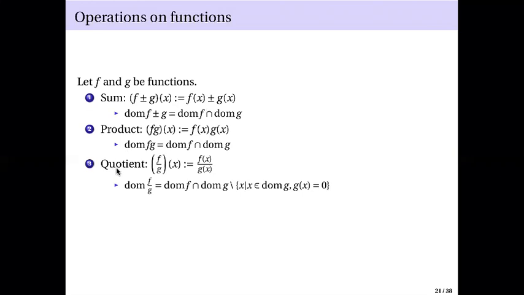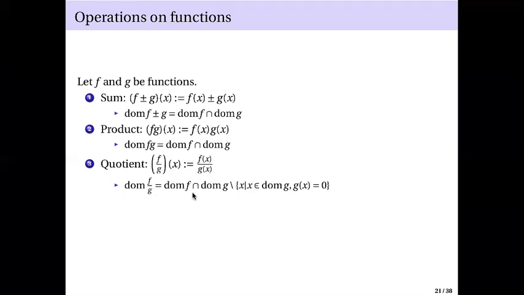Next function, quotient. The quotient f over g of x is obtained by dividing f of x over g of x. So the quotient f over g of x is the function obtained by dividing f of x over g of x.